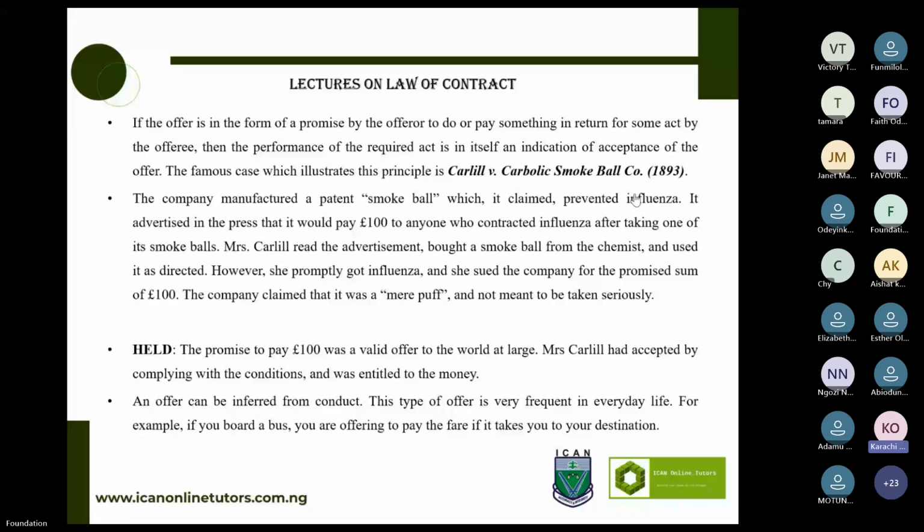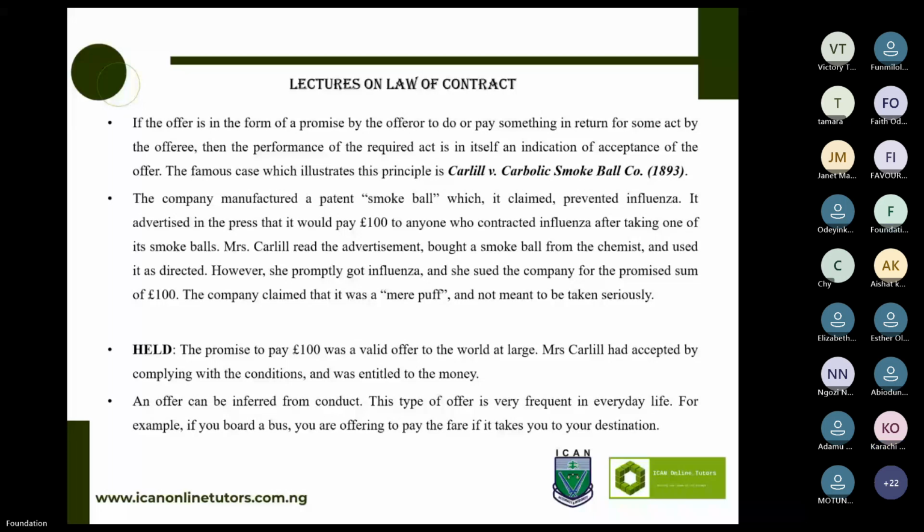And thereafter, Mrs. Carlill decided to buy the smoke ball. So this is more like a valid offer. This is a valid offer because as soon as she bought the smoke ball and got the influenza, the company had already advertised, saying that whoever contracts the influenza will get the sum of 100 pounds.